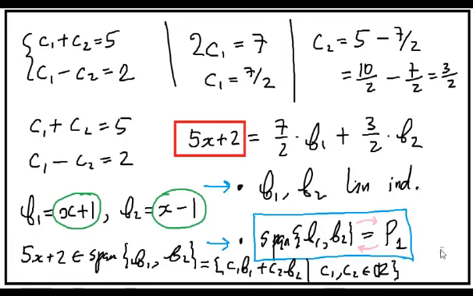Since the dimension is 2, and we have two vectors at hand. By the way, if we didn't have two vectors and the dimension was 2, we can be sure that the sequence is not a basis. So the number of vectors in the sequence matched the dimension, and therefore it is sufficient just to check one of the two, either linear independence or the spanning condition.